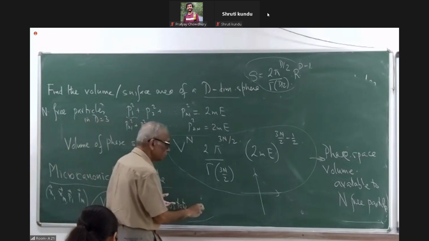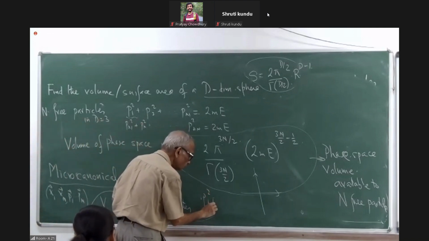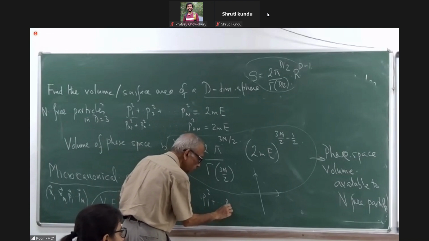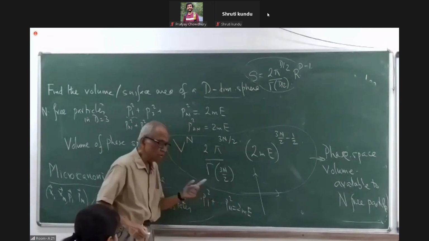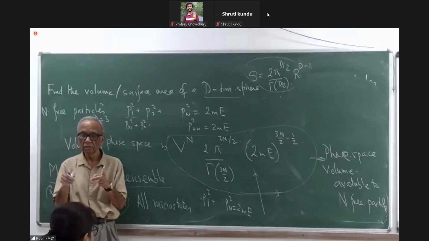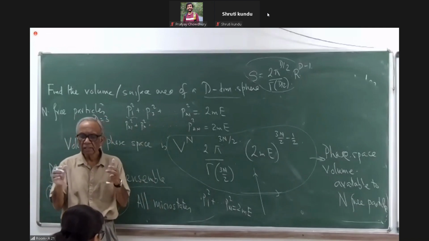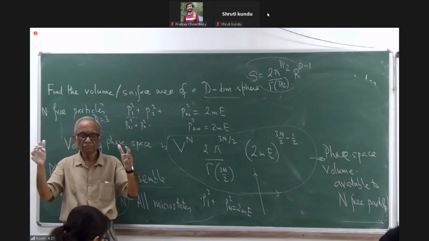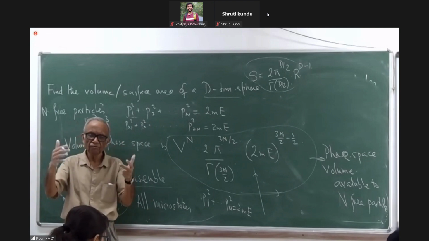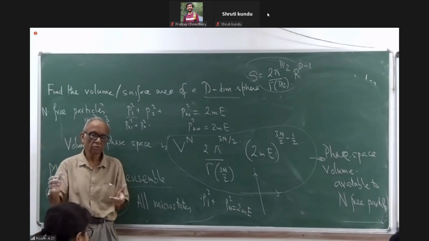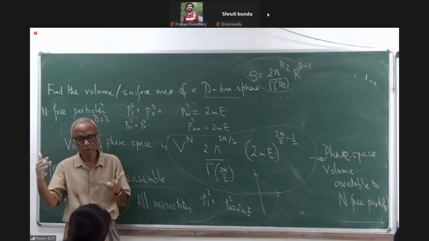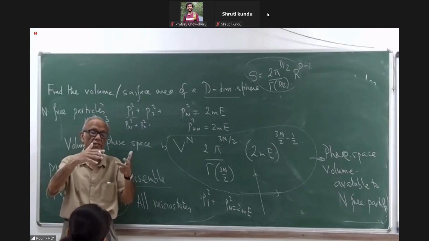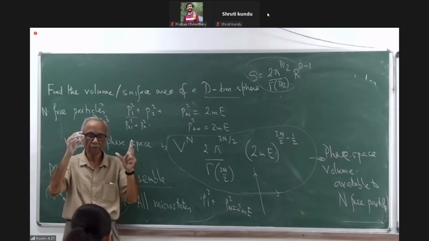The energy surface is p1 square plus up to pn square equal to 2mE. And then there is a physical volume V, which is the accessible volume for each particle, and therefore there is a total volume V to the power N.